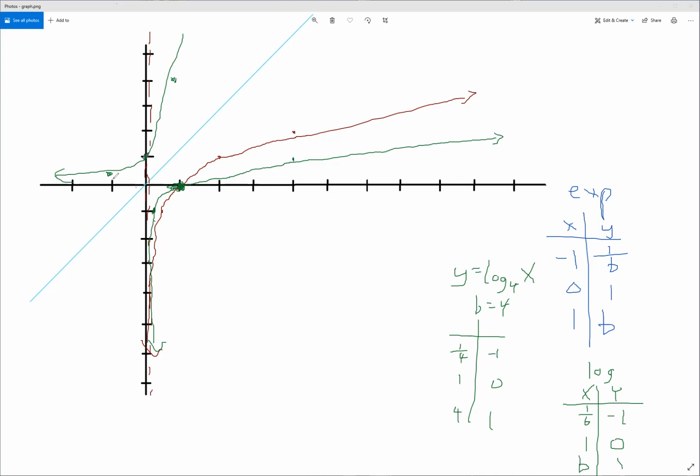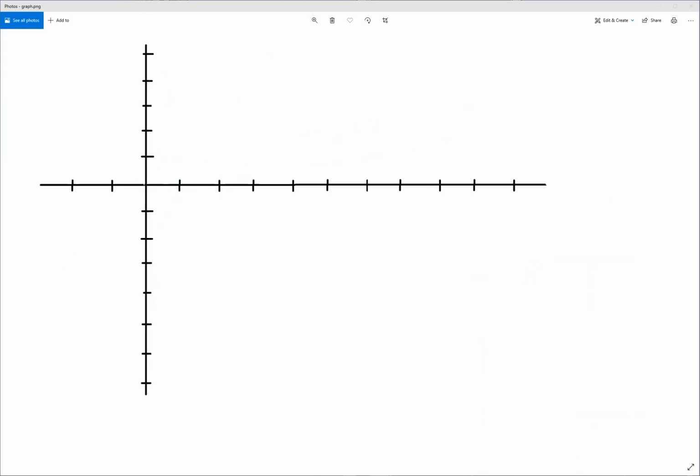So this is essentially what we're going to do when we graph logarithms. And then when we do our shifting, we're going to use all the same ideas. So let's suppose that we graph y equals log base 3 of x minus 5 plus 2. All right, so let's graph our parent function first of all.